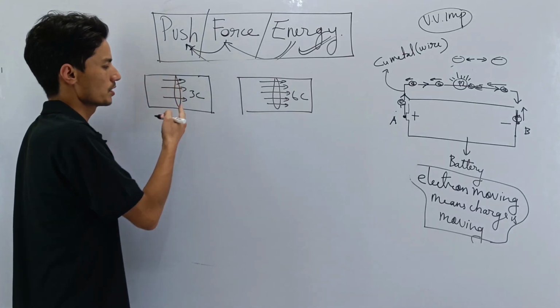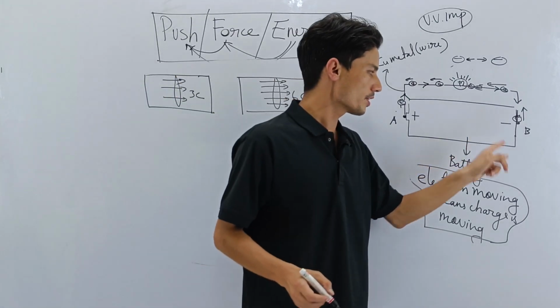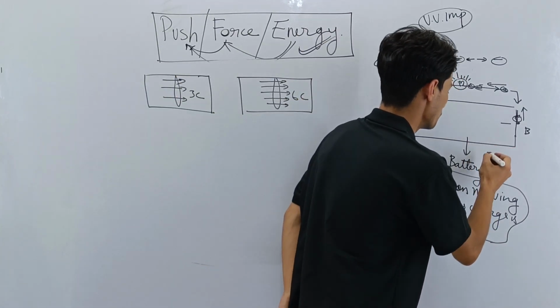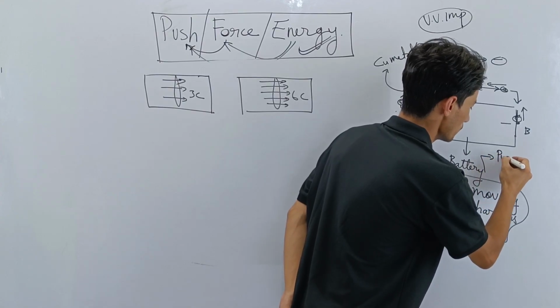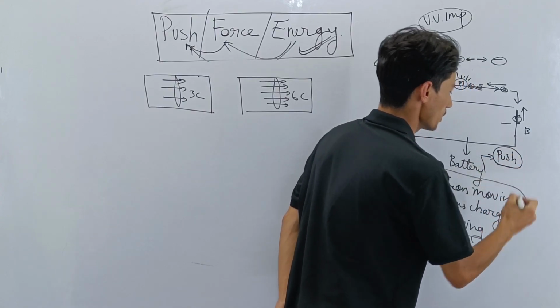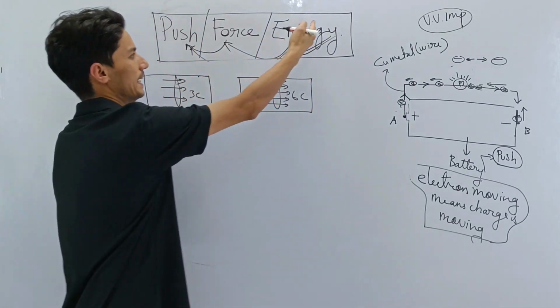These are charges, and they are being pushed. Remember here that the battery provides a push. The battery is generating a force or a push. Remember here: push, force, energy.